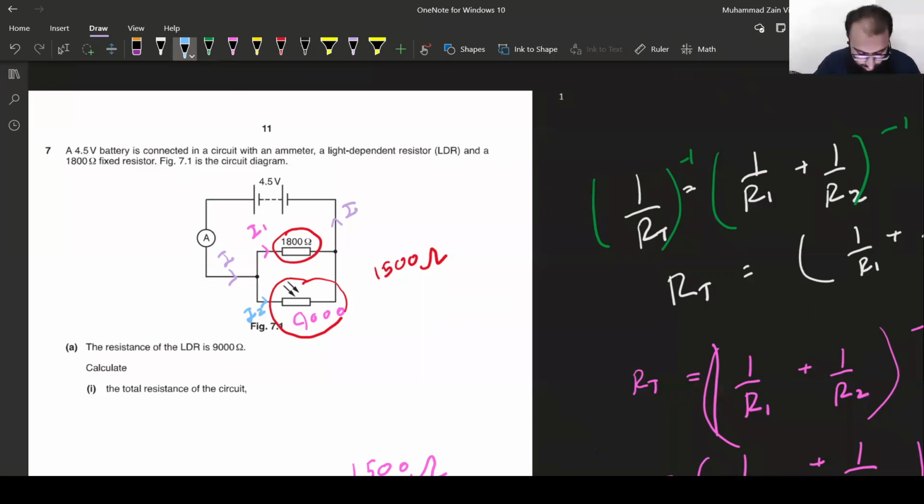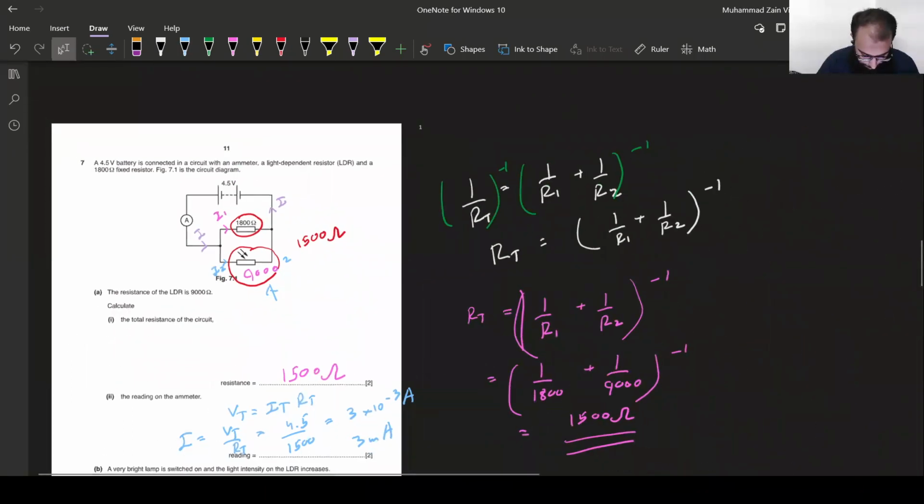So if there was 9,000 ohms resistance through the second component, and this resistance all of a sudden decreased, there is now less resistance, and the current I2 would increase. So that's why I2 basically increases.